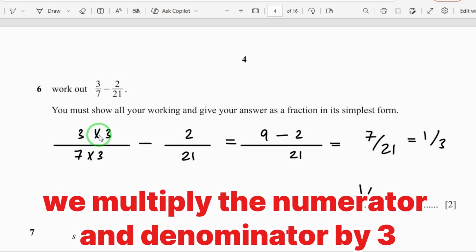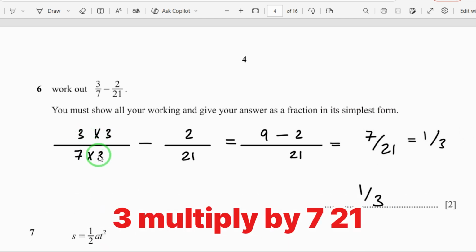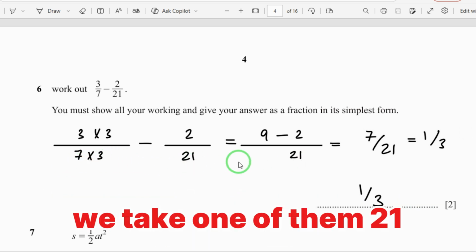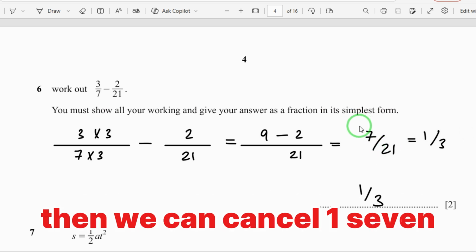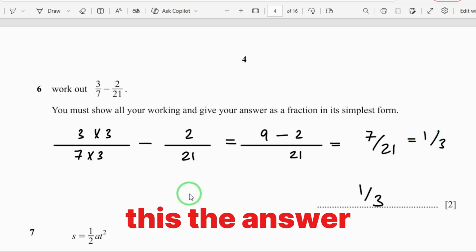We multiply the numerator and denominator by 3. 3 multiplied by 3 is 9, 3 multiplied by 7 is 21. Because the denominators are the same, we take one of them, 21. Then 9 minus 2 equals 7 over 21. Then we can cancel 7: 3 sevens are 21. So the answer is 1 over 3. This is the answer.